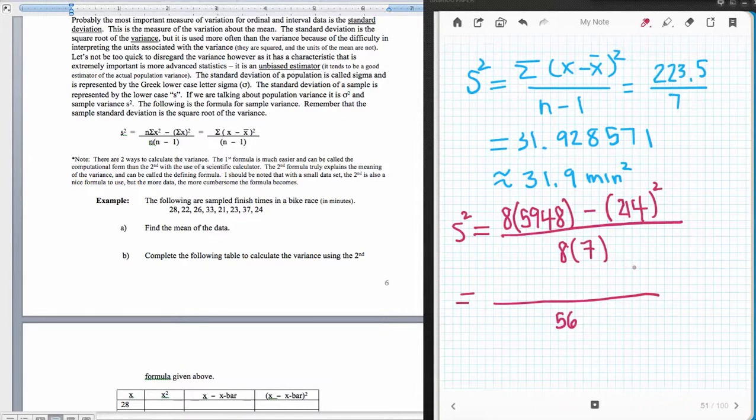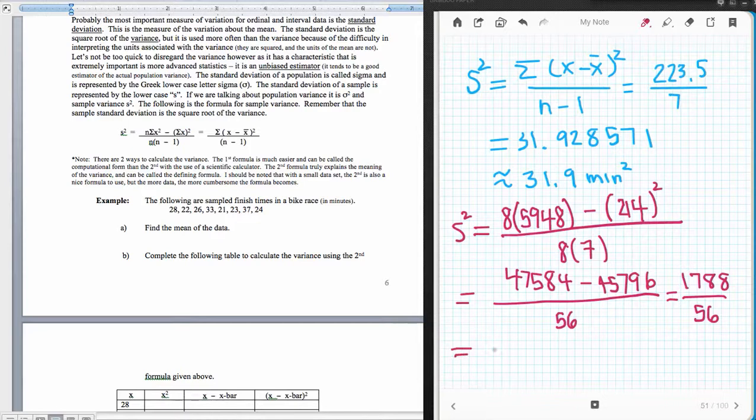So 8 times 5948 gives me 47584, and then minus 214 squared, which is 45796. 47584 minus 45796 is equal to 1788, and that is going to get divided by 56, and that divided by 56 is equal to exactly what we got up here.